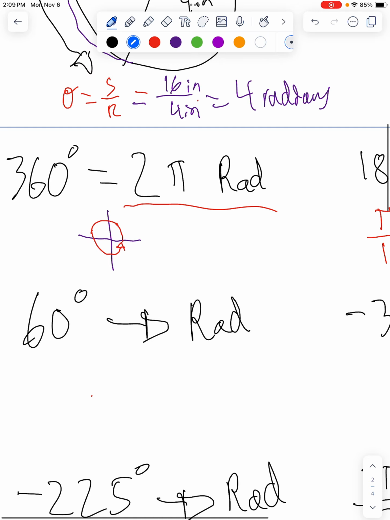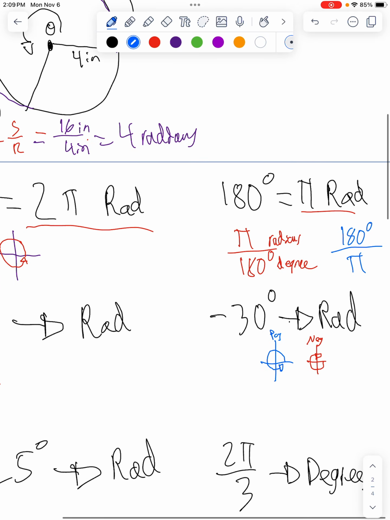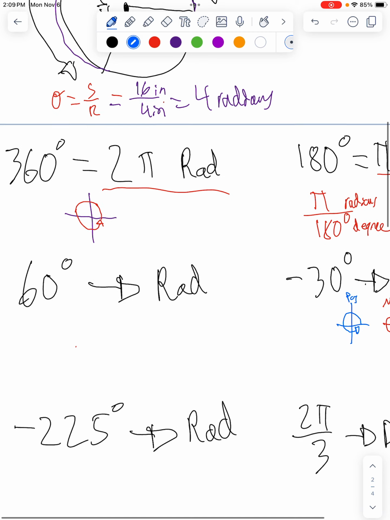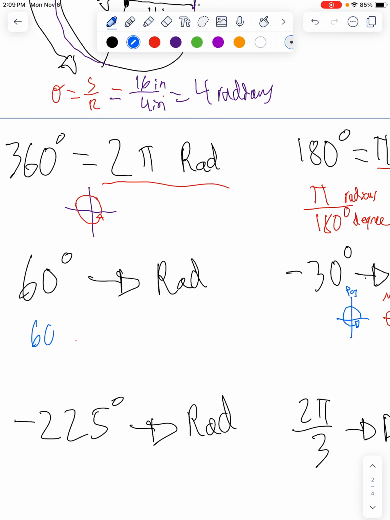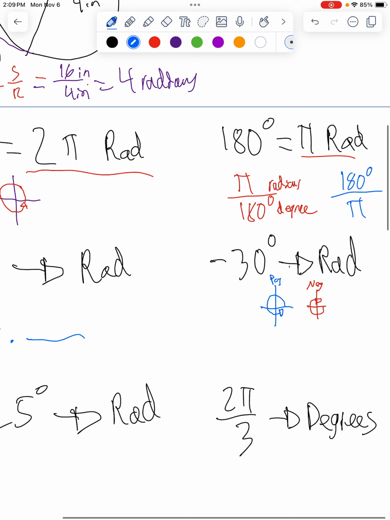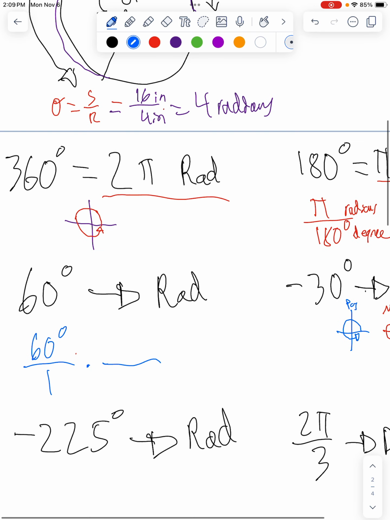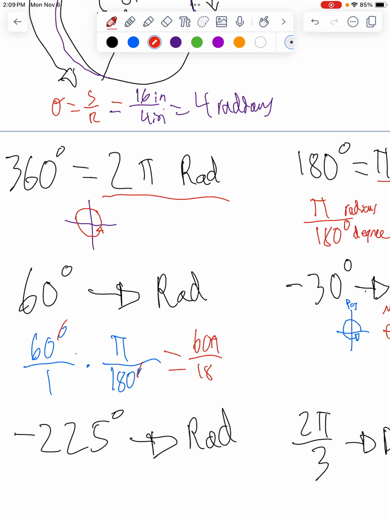Let's say I want to convert 60 degrees into radians. I'm going to set up a proportion. I have degrees on top, which means I need to multiply by degrees on the bottom so that it cancels out. So I write 180 degrees as pi over 180, and my degrees cancel out, which is nice. 60 pi over 180.